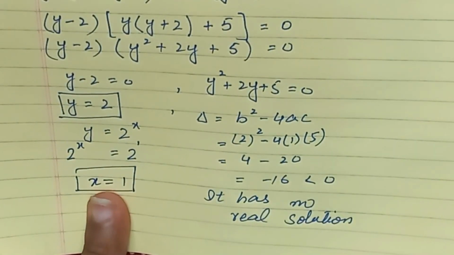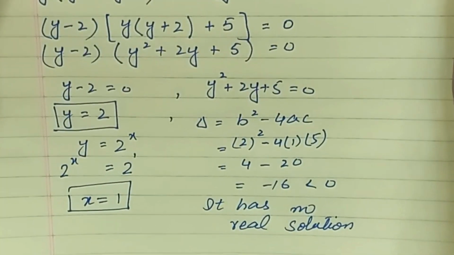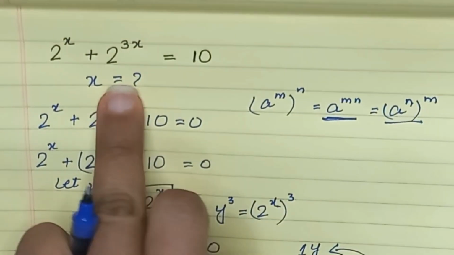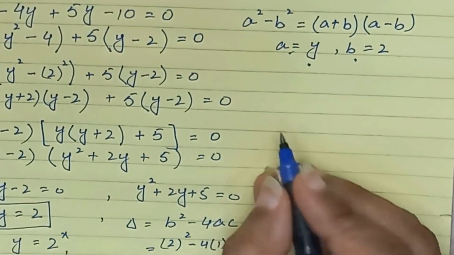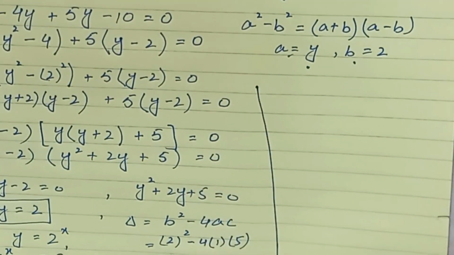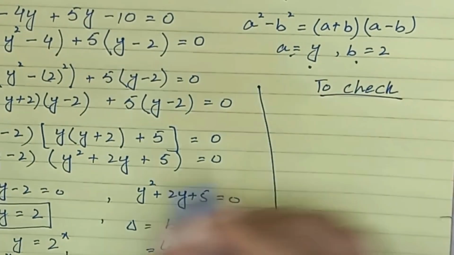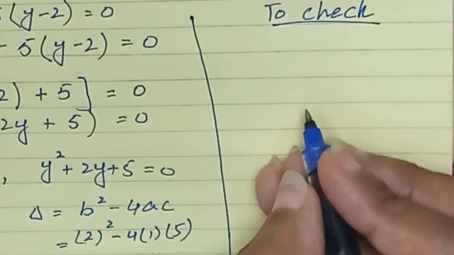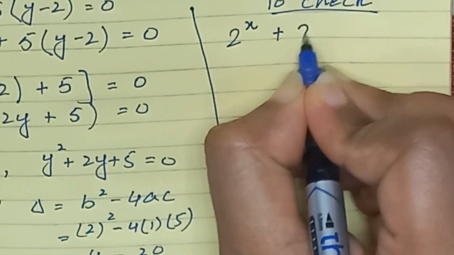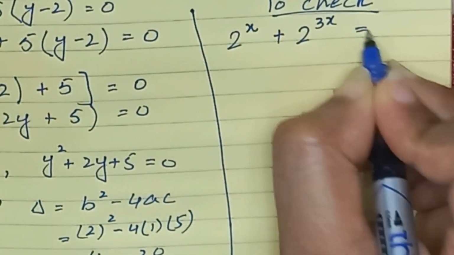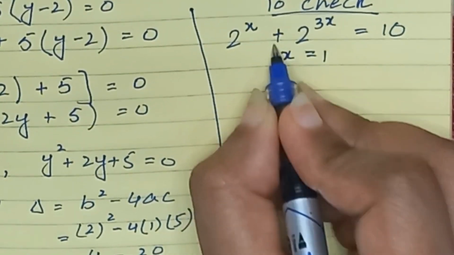Now we will check whether the value of x satisfies our given equation or not. So to check, the given equation is 2 raised to the power x plus 2 raised to the power 3x, which is equal to 10, and the value of x is 1.